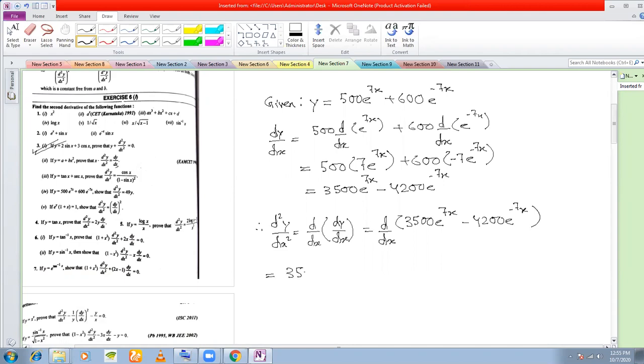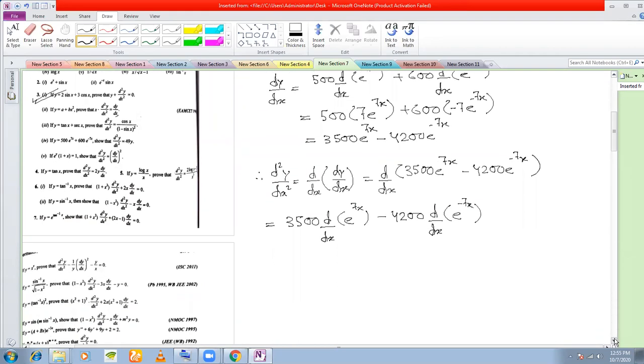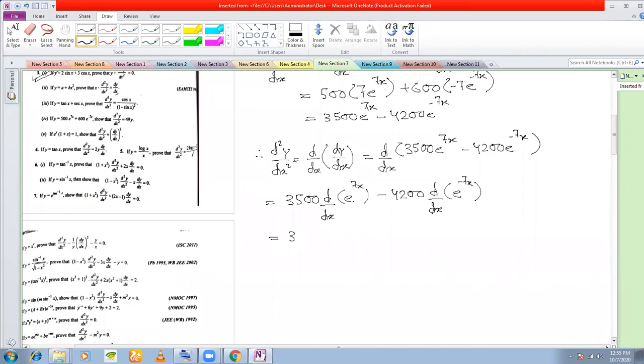That means 3500 you take out of the differentiation, ddx e to the power of 7x, minus 4200 ddx e to the power of minus 7x. 3500 e to the power of 7x is 7 e to the power of 7x minus 4200 minus 7 e to the power of minus 7x.